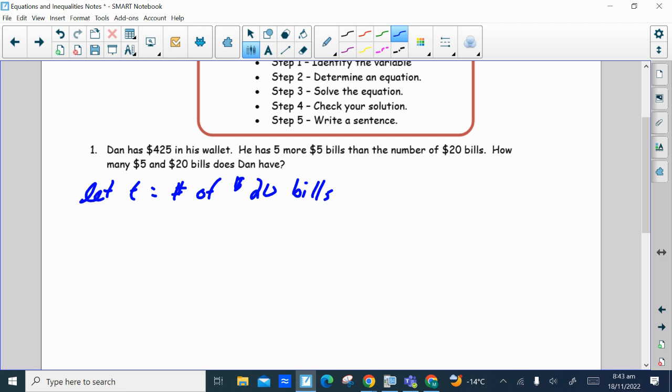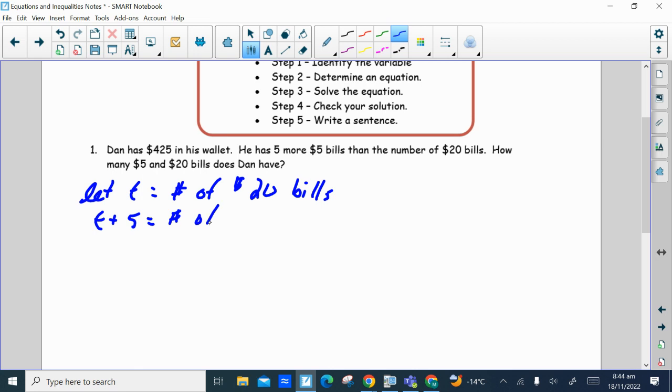So because the number of $5 bills is compared to the number of $20 bills, I'm going to let T equal the number of $20 bills. We just finished saying, if there are 10 $20 bills, there'd be 15 $5 bills, 5 more. If there were 21 $20 bills, there'd be 26 $5 bills, 5 more. So if T is the number of $20 bills, the number of $5 bills would be T plus 5, 5 more than the number of $20 bills.